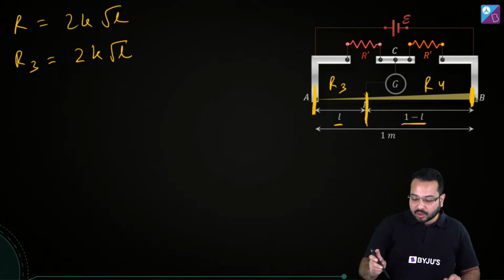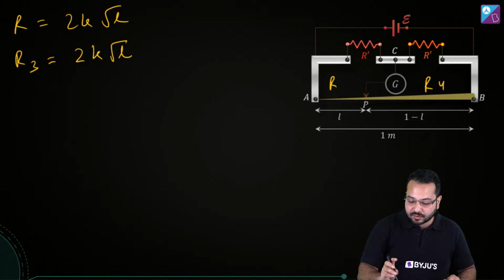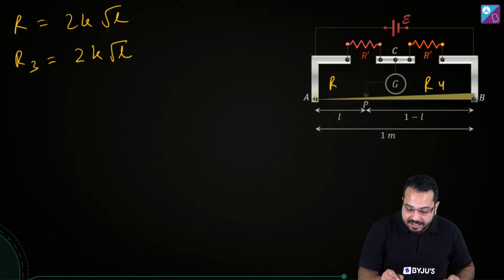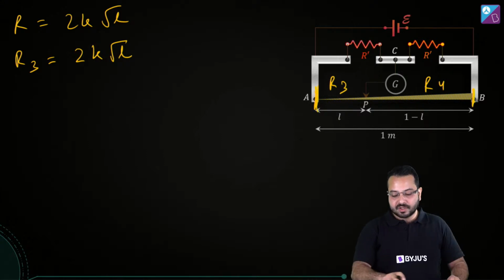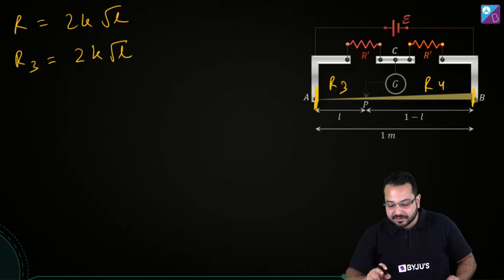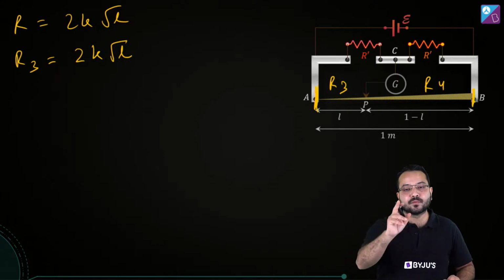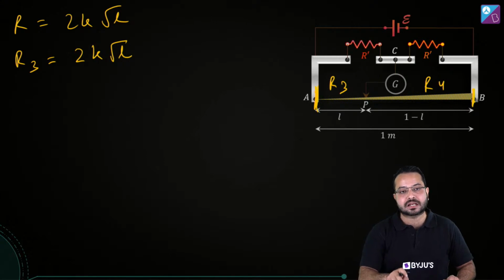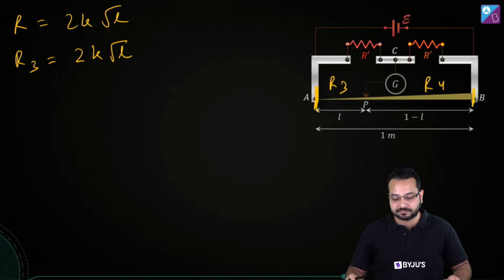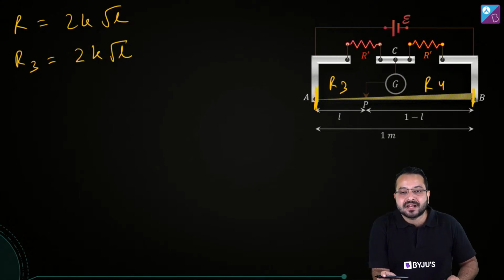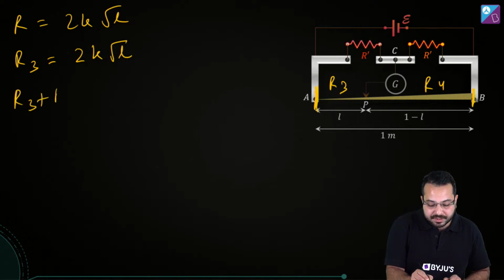So what we'll have to do is calculate the resistance of the entire wire. So this is R3, this is R4. Now if we talk about the entire wire, the length is 1 meter, and this 1 meter we are taking from the starting point. The resistance for the entire wire is going to be R3 plus R4.